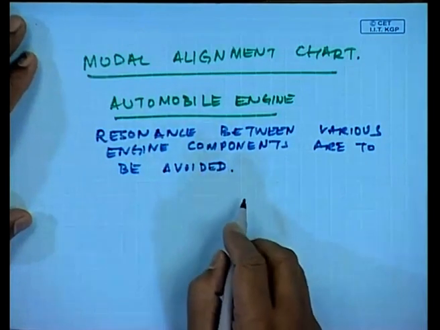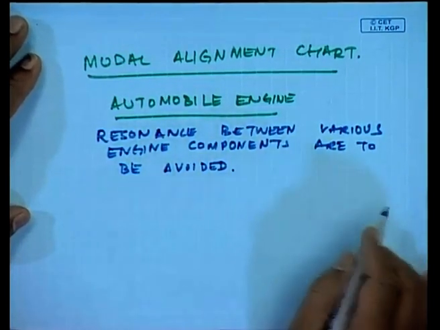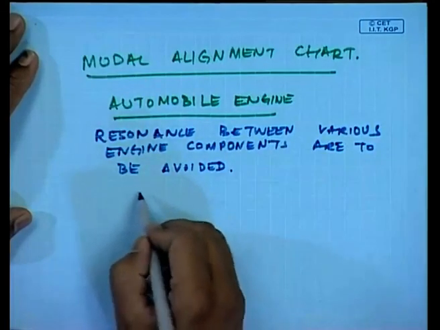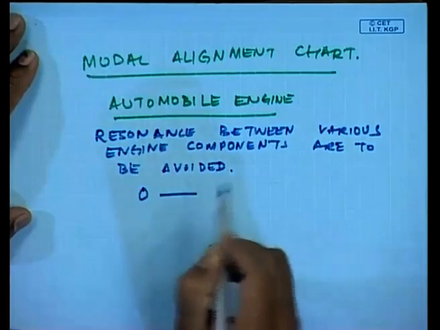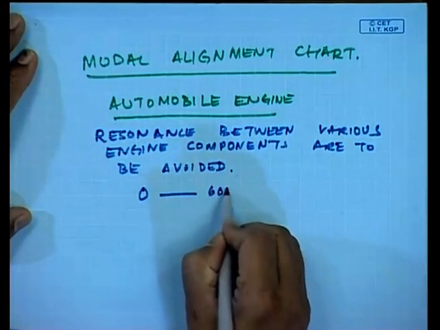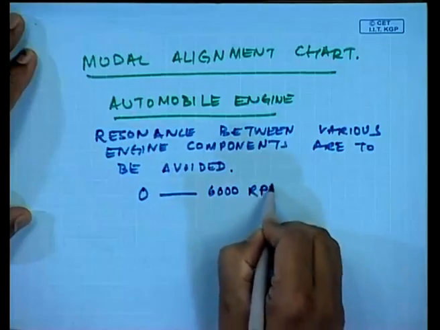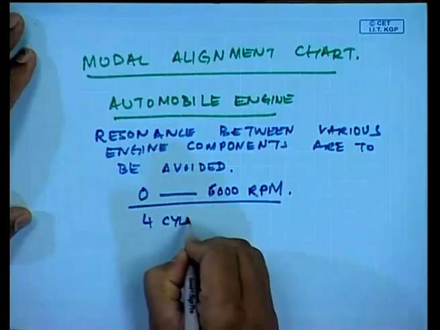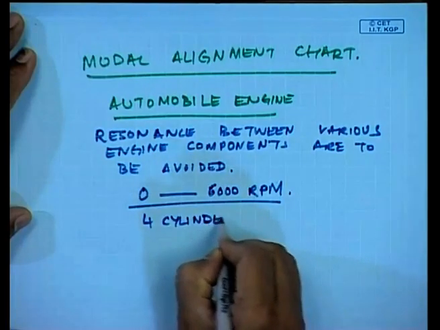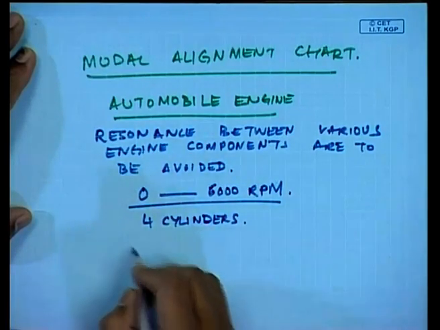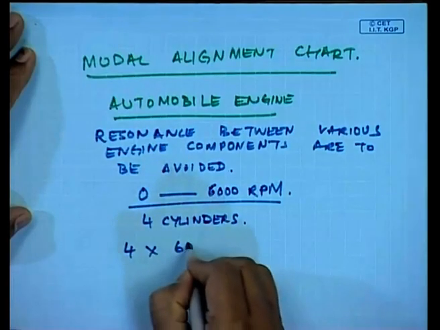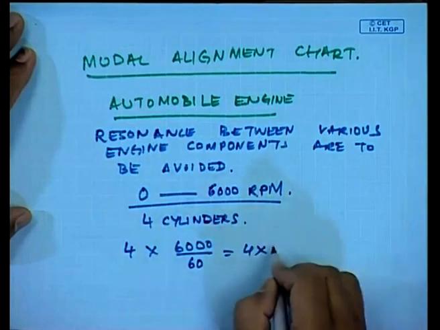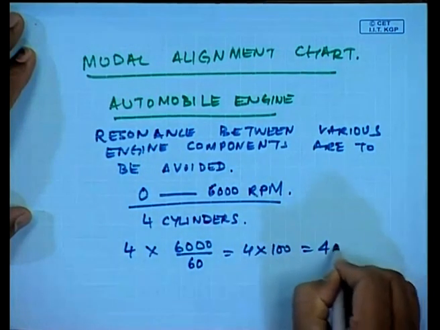Well, in an automobile engine, say for example, a 4-cylinder gasoline or petrol engine, we may say that the operating speed will be from 0 to say 6000 rpm. If there are 4 cylinders, the firing frequency would be 4 times 6000 by 60, that will be 4 times 100, that will be 400 hertz.